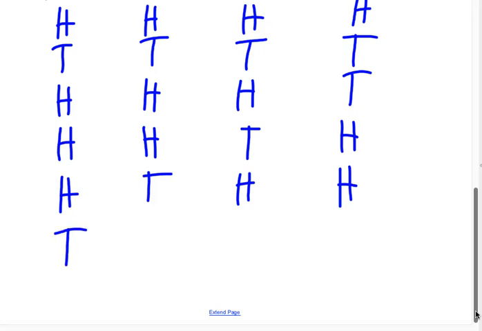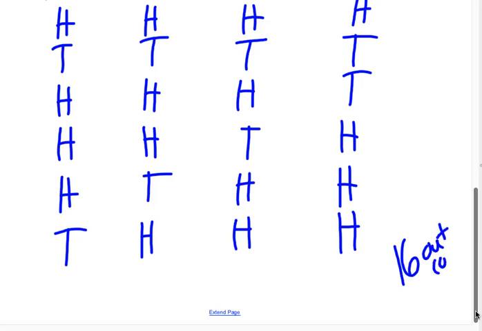And then we could start with a tails and follow it up with 3 heads. Now I'm not going to finish this, I'll let you guys do that, but I will let you know on this problem, there are 16 outcomes that you should end up with. So when you get big numbers like this, try to organize your work in a way that helps you get all the options in an organized, logical way.